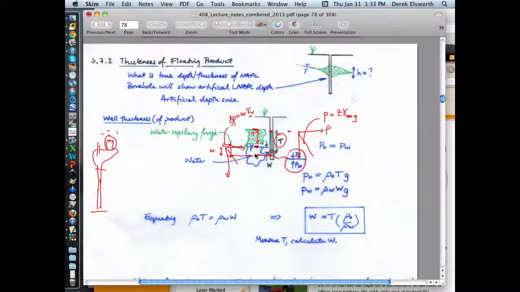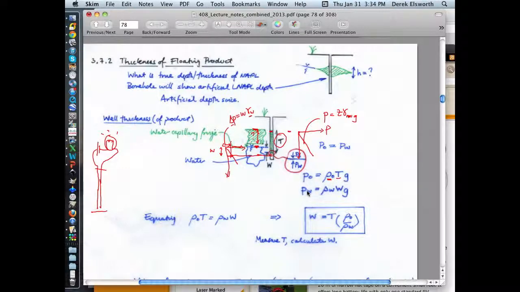And if we know what this height is next to this height, then you subtract W from T and you have this height. So maybe it's a bit convoluted, but basically in the borehole the pressure here has to be the NAPL height times the thickness times gravity.